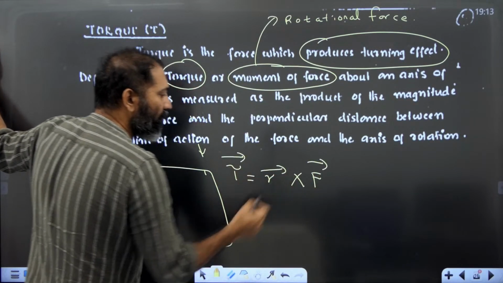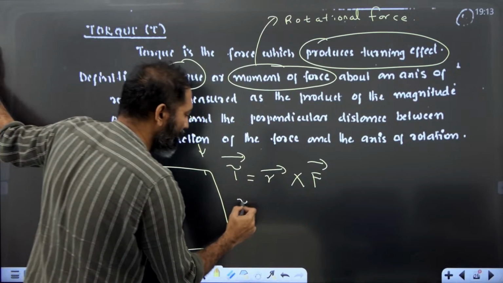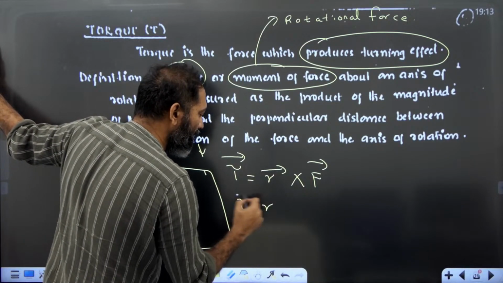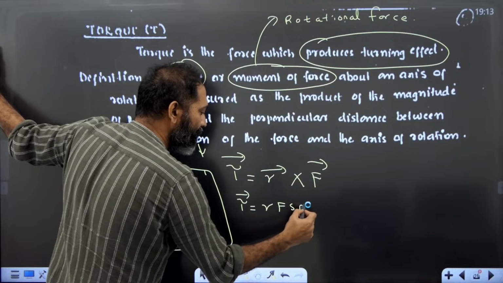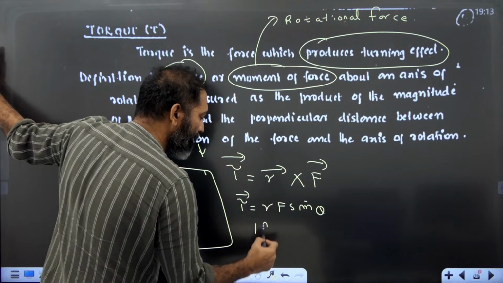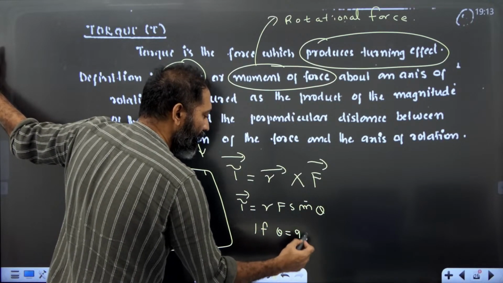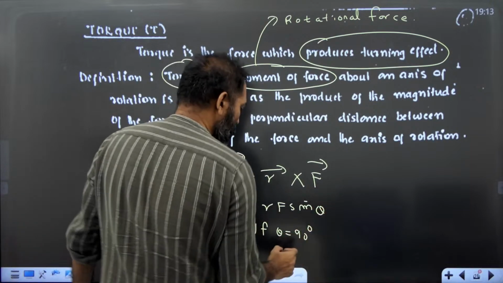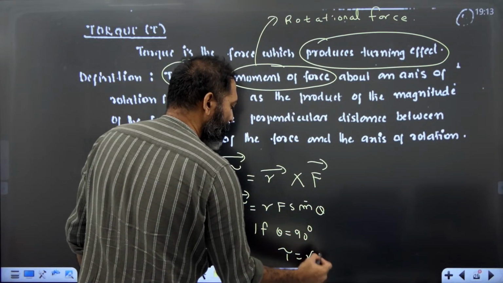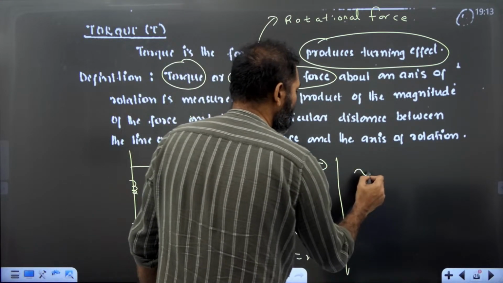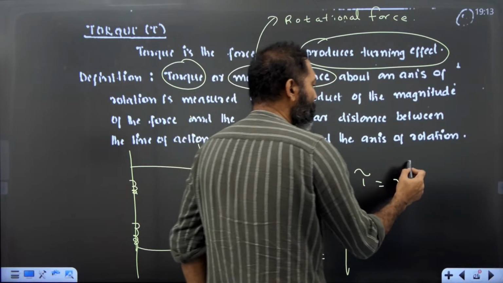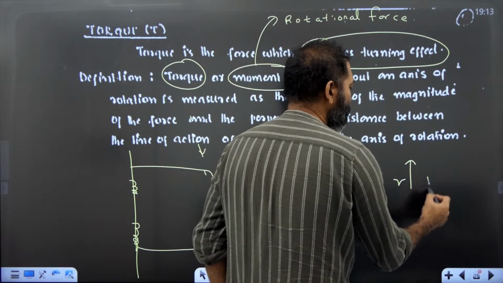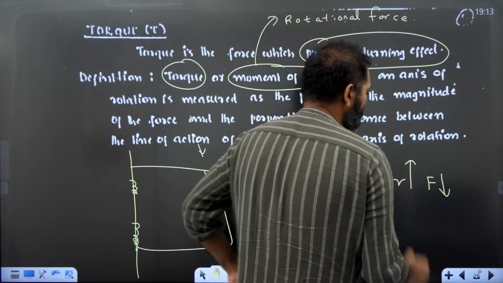Torque tau vector is equal to r vector cross F vector, which is rF sin theta. If theta is equal to 90 degrees, torque equals rF. So what is the importance here? By increasing the distance from the axis of rotation, you can reduce the force to get the same torque.